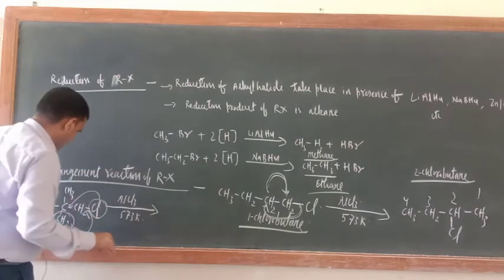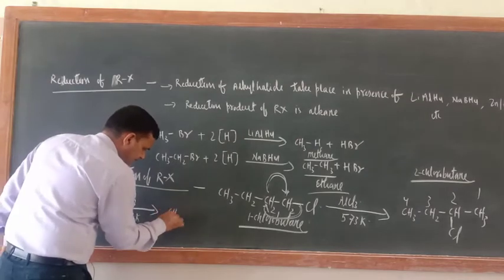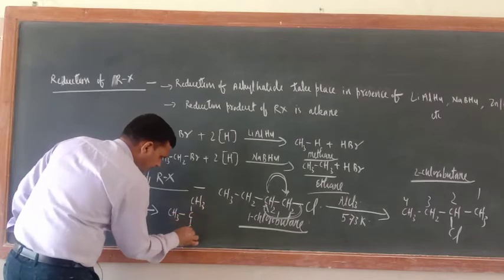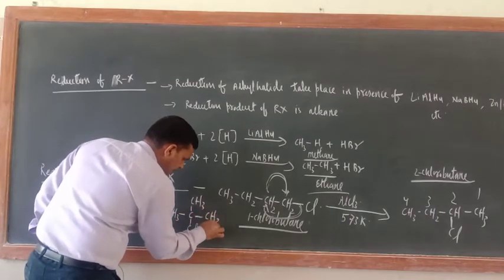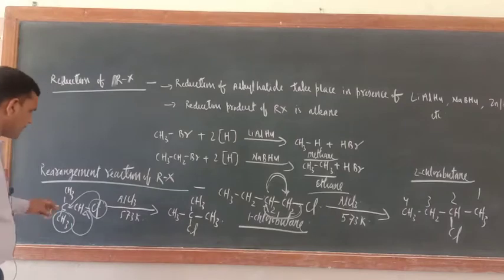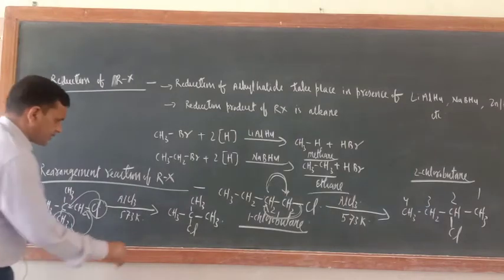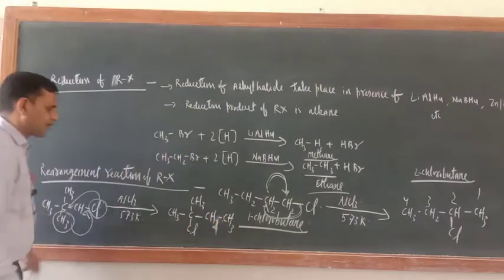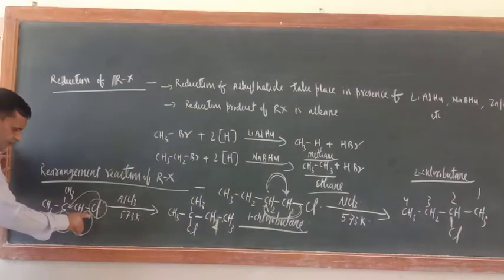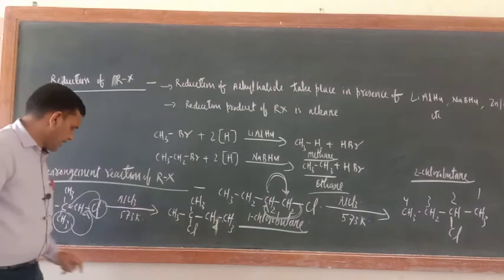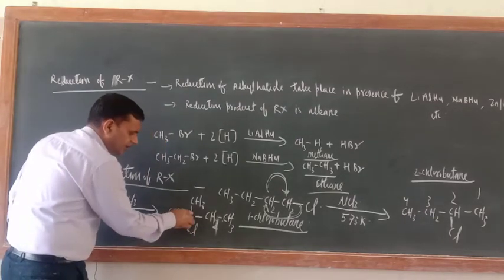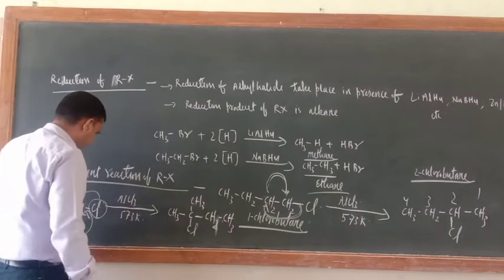Okay, so what is the product here? CH3, here C, here also CH3, here Cl, here CH2CH3. Check here, CH3 you are shifting here and now Cl you are shifting here. So here 1 degree carbocation; if this bond is broken, then a 3 degree carbocation will be generated. Now the name will change.